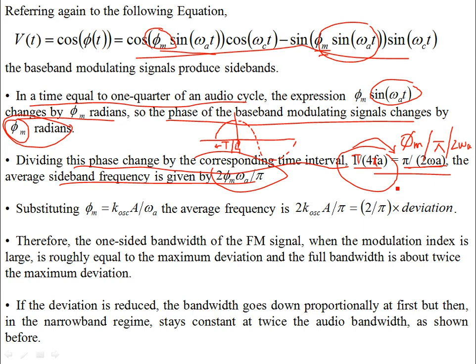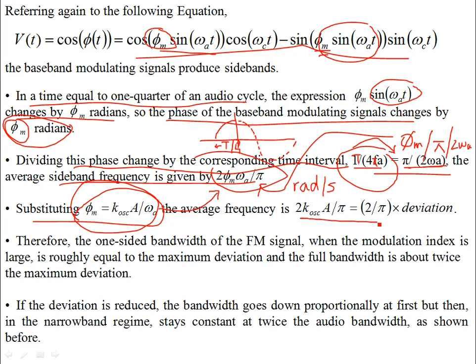Since pi is in radians and this is in seconds, this is radians per second, the frequency where the phase change is phi m. Now substituting for phi m, the definition of the modulation index, into this expression yields a similar expression to what we've seen earlier: 2 k oscillator a over pi, where 2 over pi can be taken out, and this is the deviation. That's how we defined the deviation before as well.